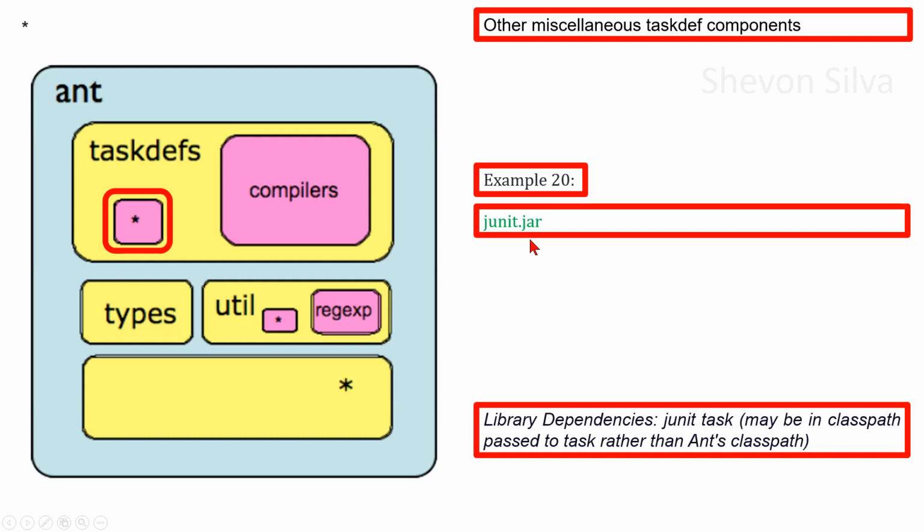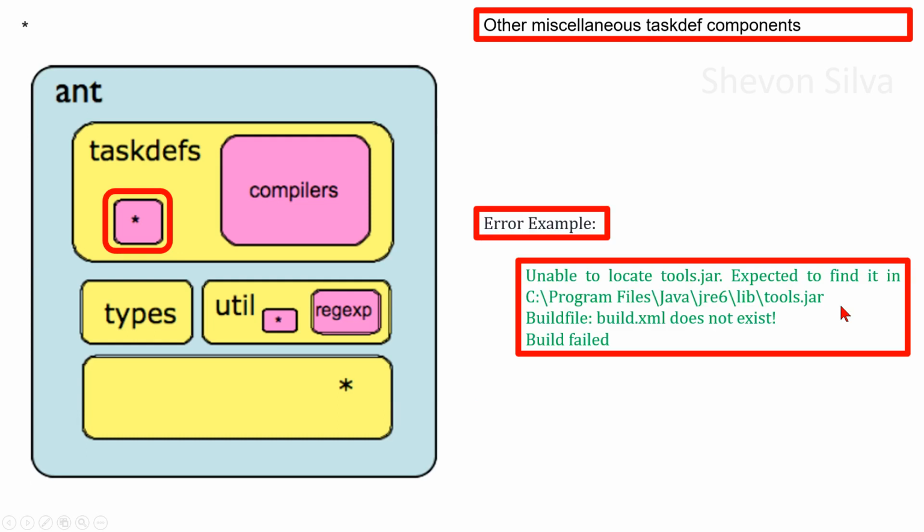As an error example, we can consider this: unable to locate tools.jar, expected to find it in C://program files/java/jar6/lib/tools.jar. Build file build.xml does not exist. Build failed.